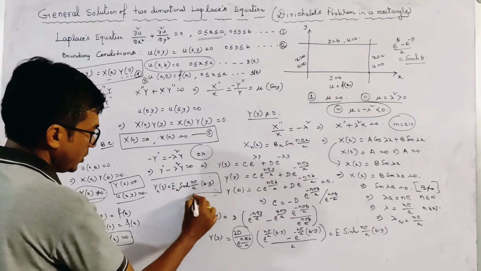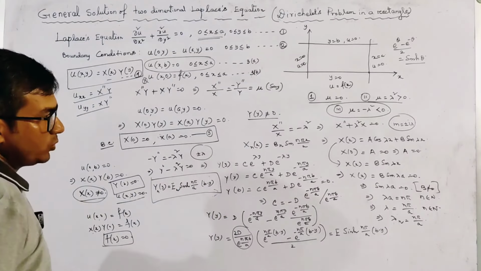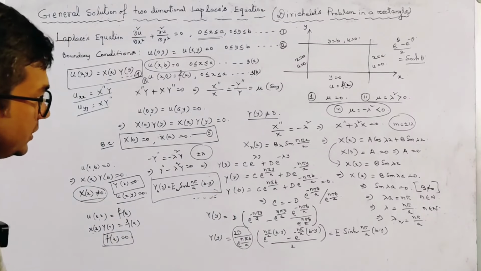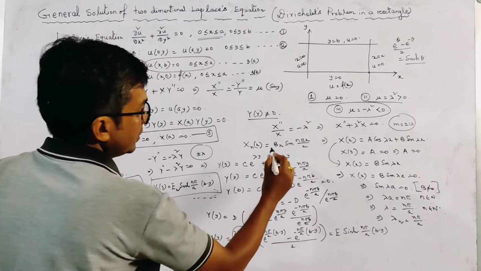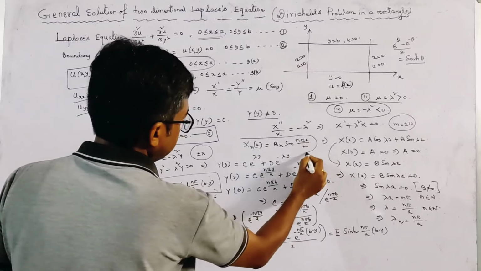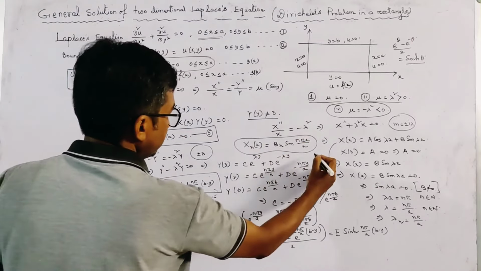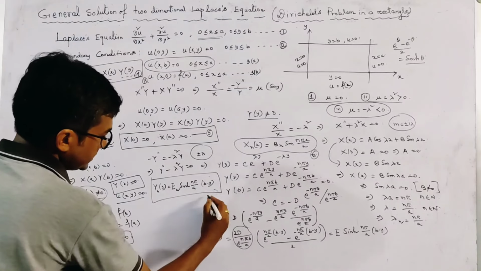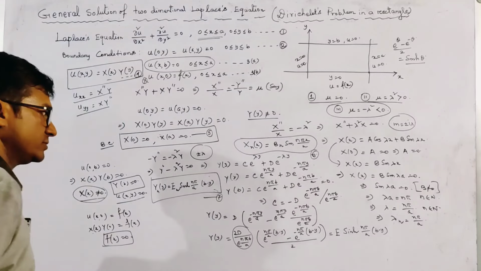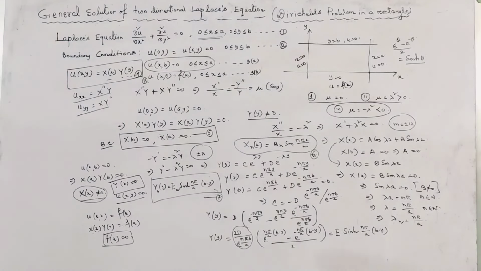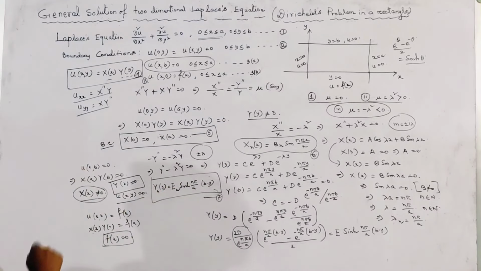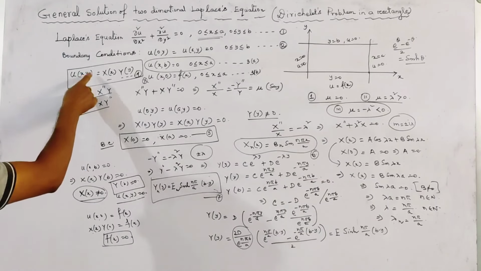Okay, this is the value of y, and we name this relation. We first name this relation as relation number 6, and this relation as relation number 7. Okay, now from relation number 6 and relation number 7 we get the value of u n x y.